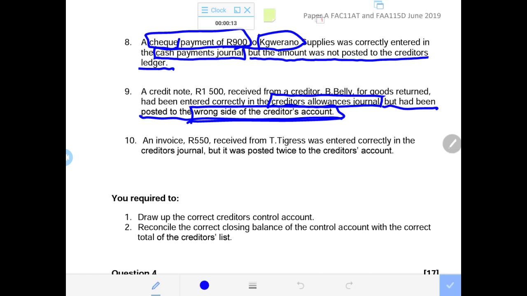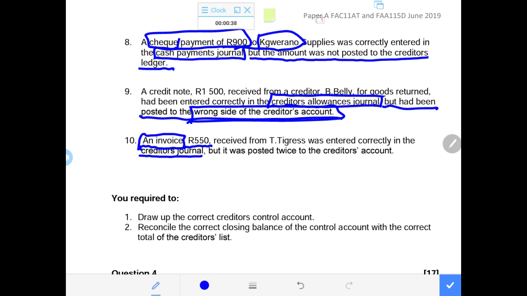Then under number 10, it says an invoice. If we see an invoice, that means we bought something on credit. How much is the invoice? 550. It was received from our supplier Tigris and entered correctly in the creditors journal, meaning the creditors control column is fine in the creditors control ledger account.